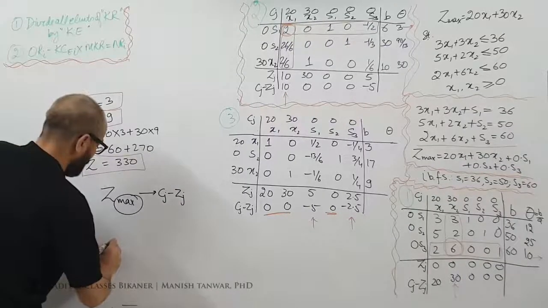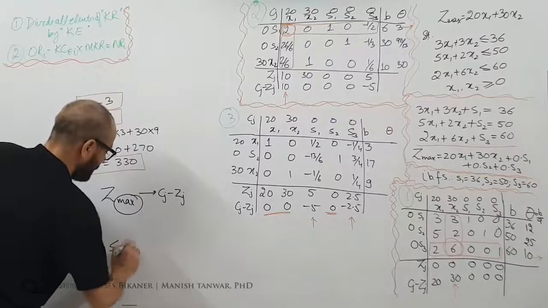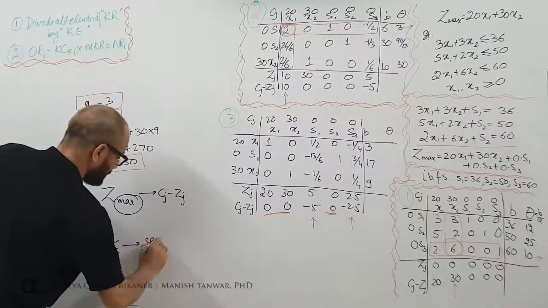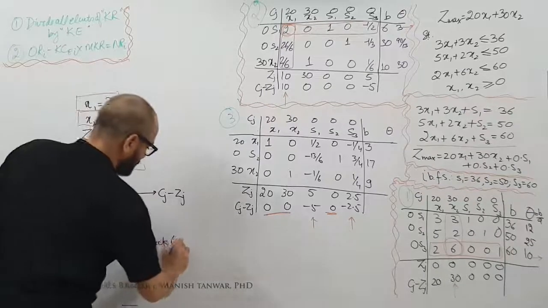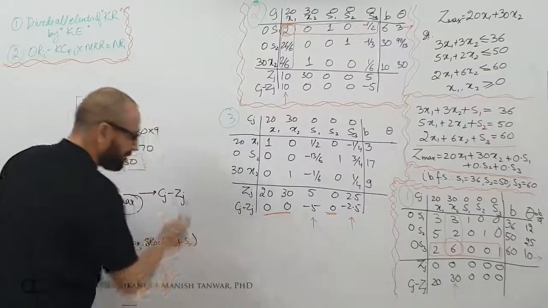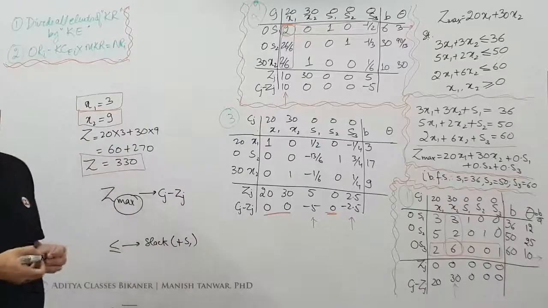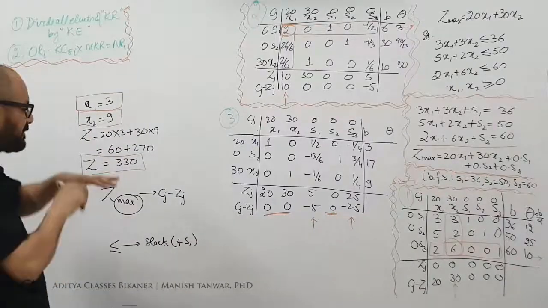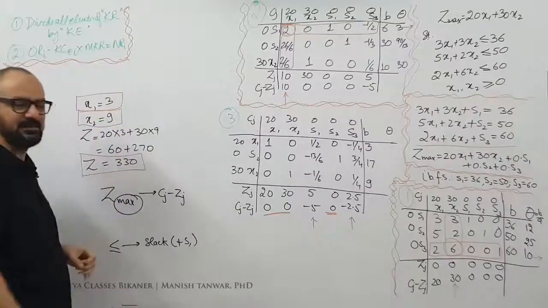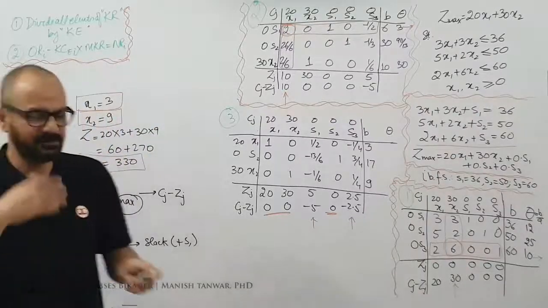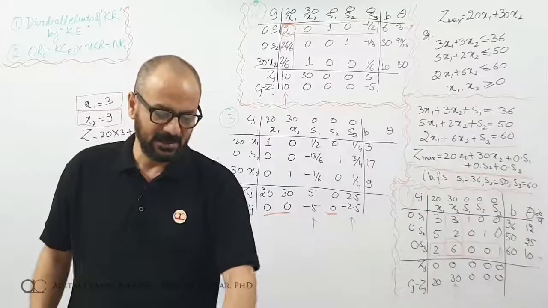And what is this less than doing? It is giving me slack variables. What are slack variables? Plus S1, plus S2, plus S3. So these are two completely different compartments. Max is something else, less than is something else. They are not connected. Generally it so happens that they get connected.